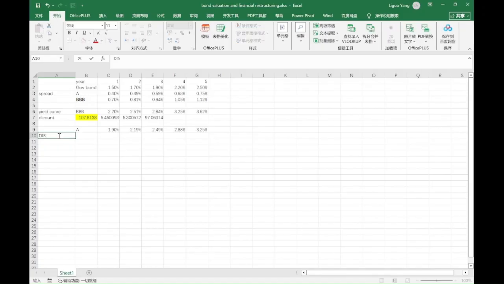Also discount the interest and the repayment. It's 5.2, which is the coupon.